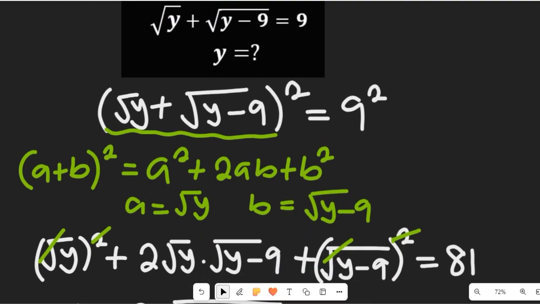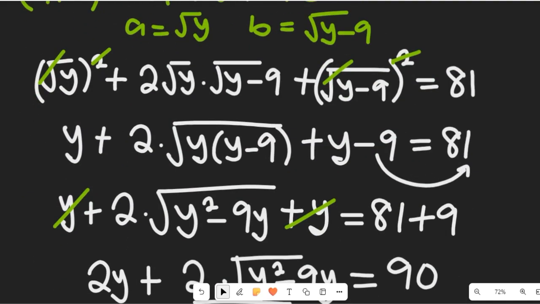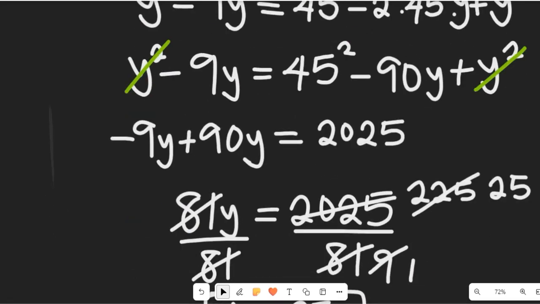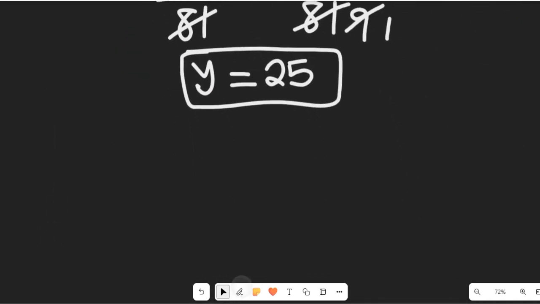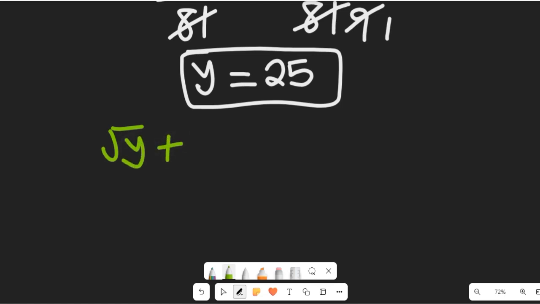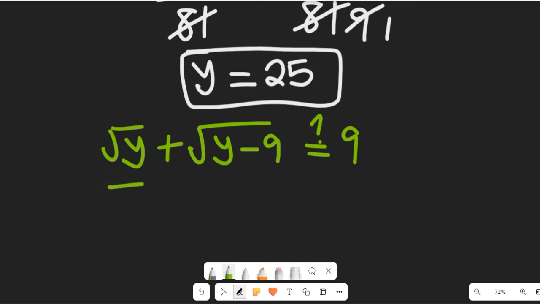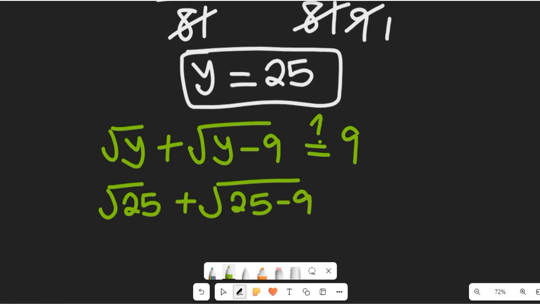Now let's check to find out if our solution is absolutely right. We are given the square root of y plus the square root of y minus 9. Will it be equal to 9? That's a big question. So we'll have the square root of 25 plus the square root of 25 minus 9. Will it give us 9?